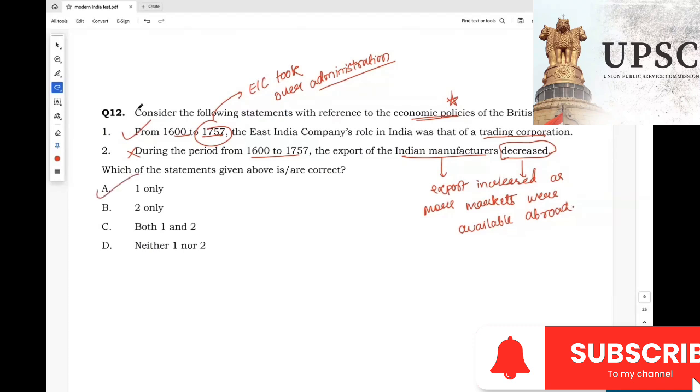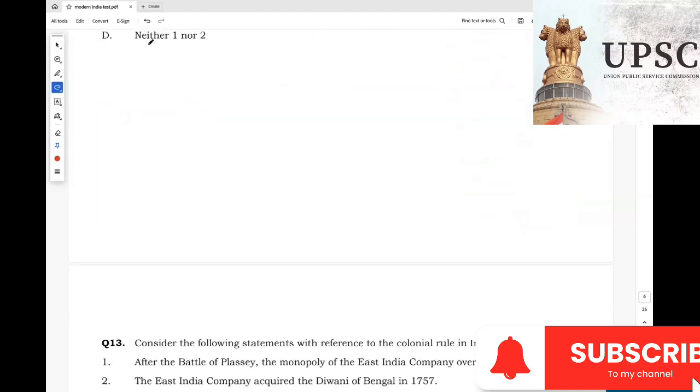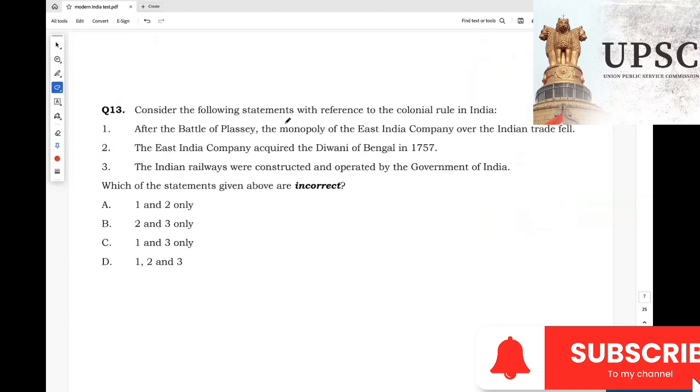Option number A. Moving to the next one. Consider the following statement with reference to the colonial rule in India. After the Battle of Plassey, the monopoly of the East India Company over the Indian trade fell. No, sorry for that.